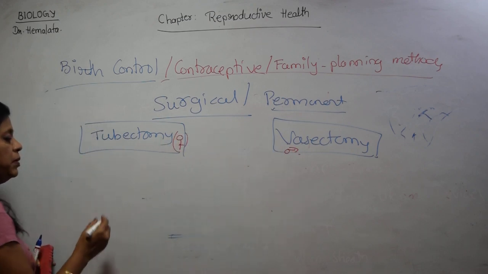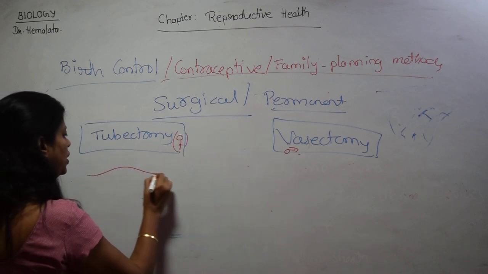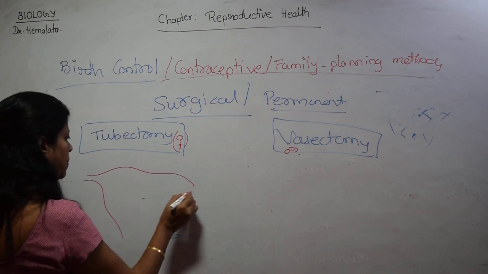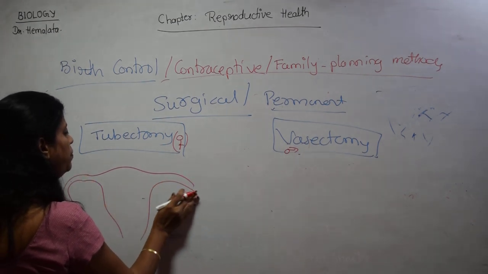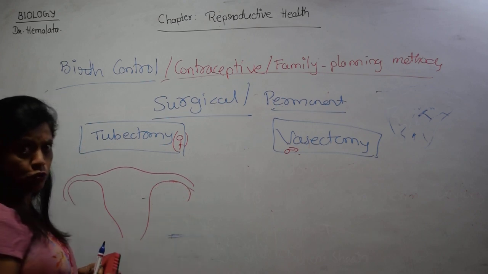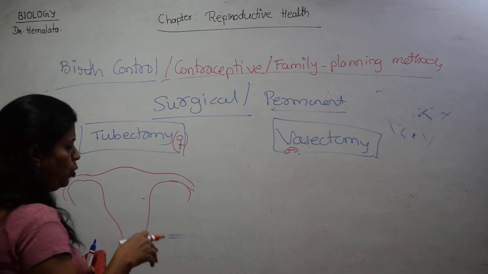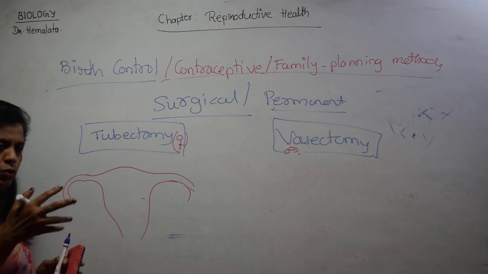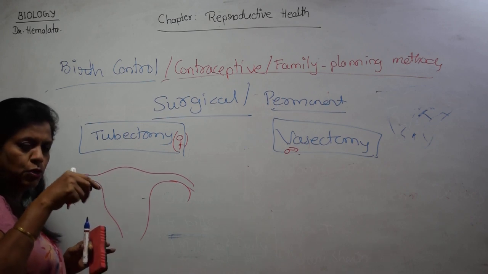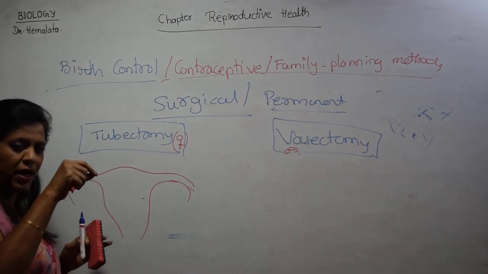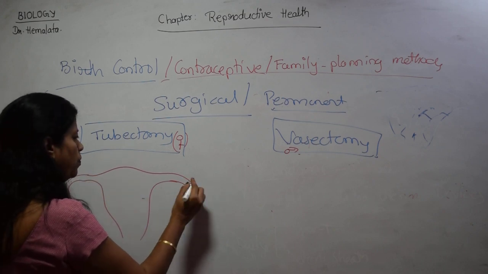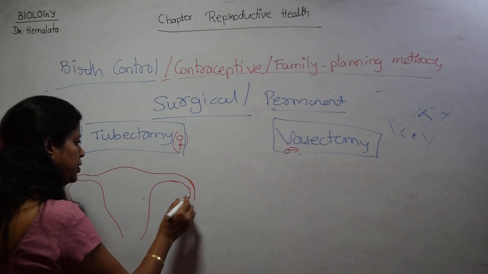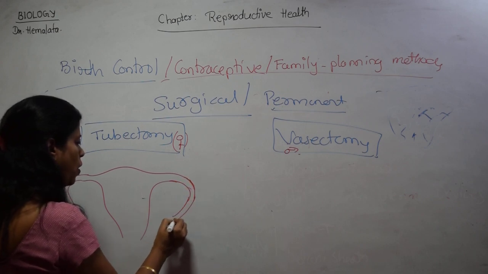Tubectomy: suppose this is the uterus and this is the fallopian tube. Through surgery, normally through the laparoscope, they will not even cut open the abdominal wall. Only two small incisions are made on either side of the navel, and through the laparoscope they can view the long fallopian tube.